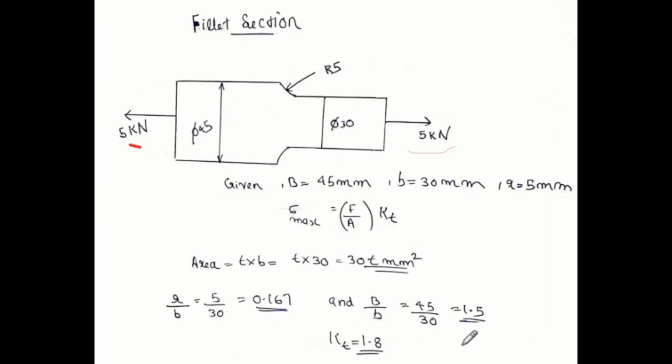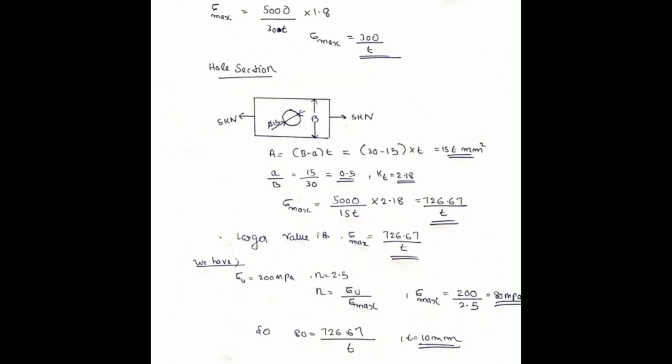I got the value of KT as 1.8 from the graph. All I have to do is substitute it into this equation to find the maximum stress developed at the fillet region. By substituting, we got the maximum stress of the fillet region as 300 by T.